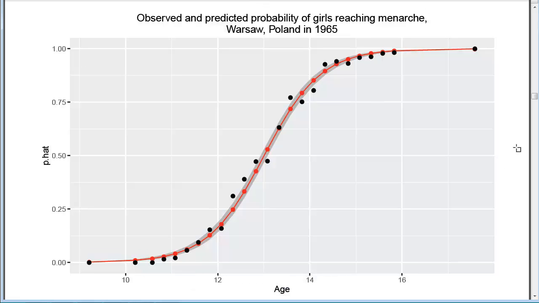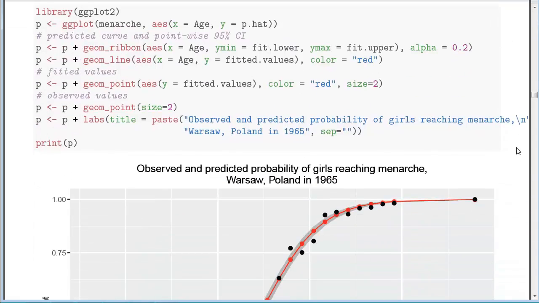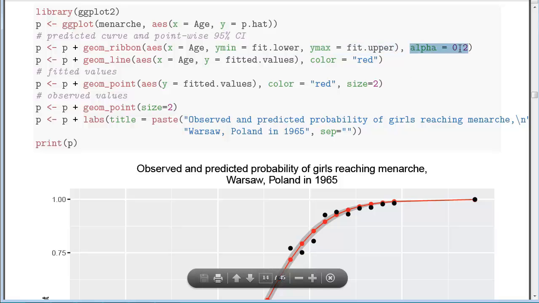All right, so let me scroll up for a moment, and I'll show you how I created that plot. I'm going to start off just by plotting the age as the x-axis and p hat as the y-axis. The ribbon function is one way to get a confidence band. It basically plots from a lower bound to an upper bound over a range x. So for each value of x, I've got a minimum, the fit lower, and the fit upper maximum, and it's going to plot that gray bar. It starts off as black, but I set its alpha to 0.2 to make it gray.